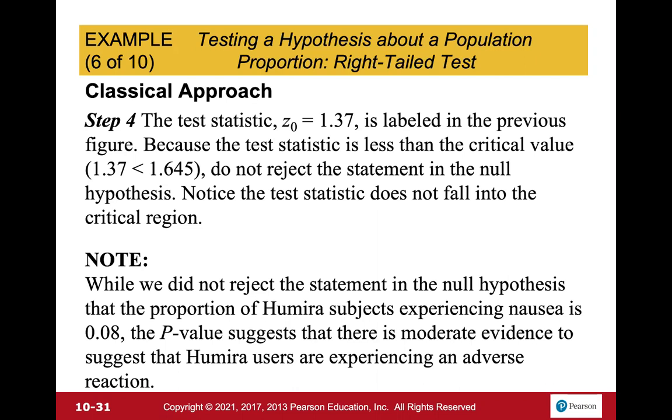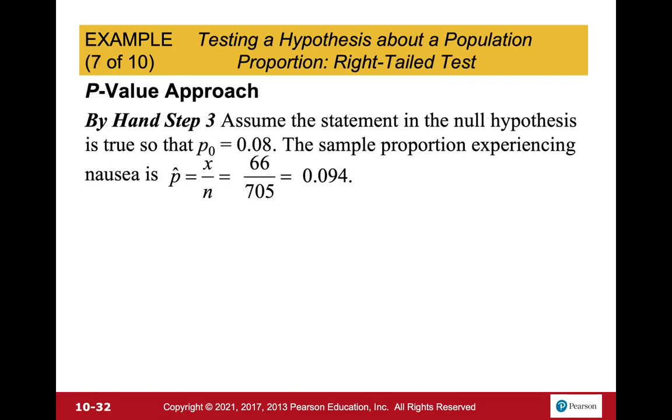Note that while we did not reject the statement in the null hypothesis that the proportion of Humira subjects experiencing nausea is 0.08, the p-value suggests that there is more moderate evidence to suggest that Humira users are experiencing an adverse reaction. So let's go ahead and finish this.